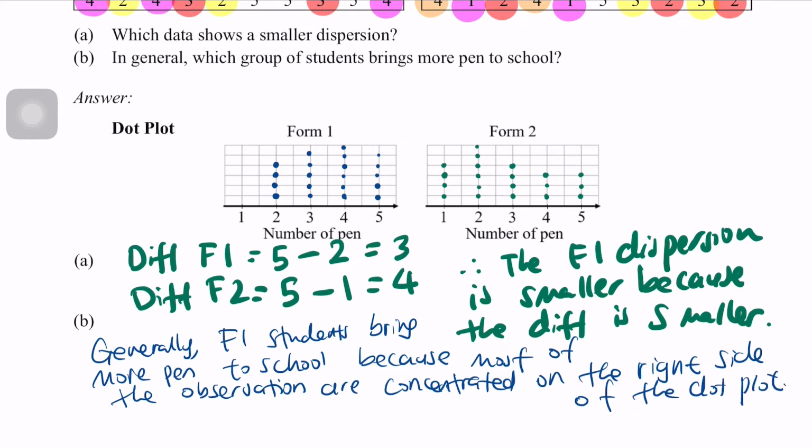Macam tu kita buat dia punya reasoning lah.